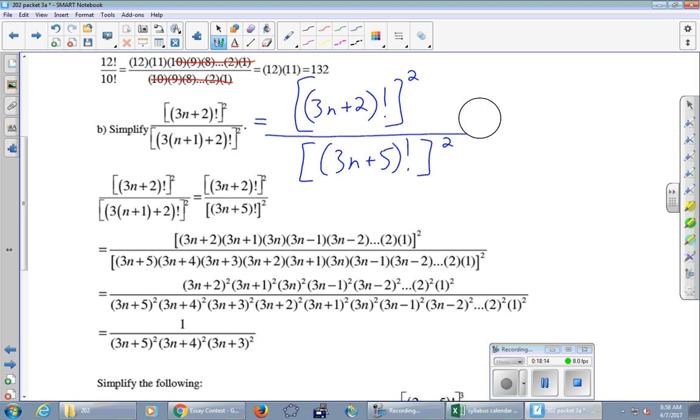So the main idea here to simplify is to write out enough factors of the bigger one until it catches up to the smaller one. Top or bottom, which one's bigger? Bottom is bigger. That 3n plus 5 is more than the 3n plus 2. So I'm going to copy the top for the last time.